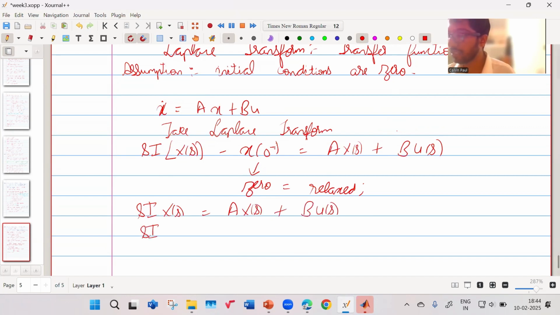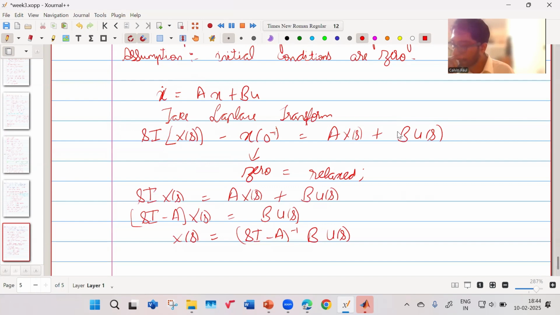In our case x of 0 is 0 because we are told that the system is relaxed. So (sI minus A) into x of s is equal to B into u of s, so x of s is equal to (sI minus A) inverse into B into u of s.